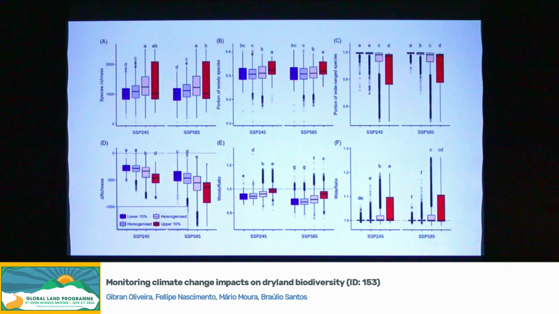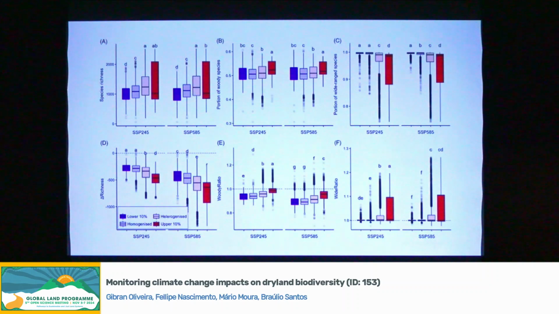In this box plot, we can see the state of these communities. At the top is the species richness, and we can see that the community with more heterogenization will have more species, all right? You can see the red one. But when we compare with the bottom part of the graph, where we divide by the delta value, all communities will lose species, and it's not only the homogenized ones, but mainly the heterogenized ones.